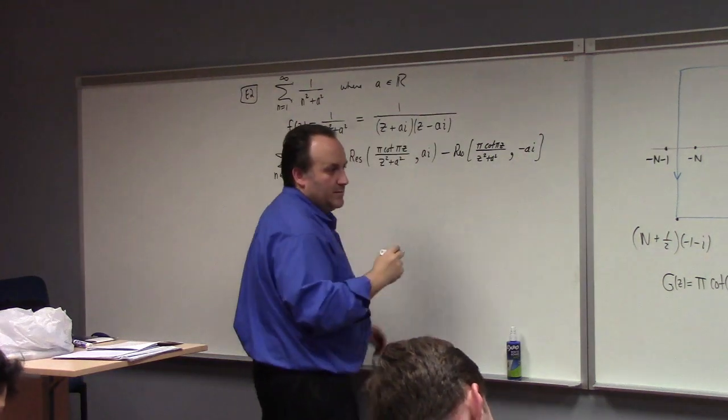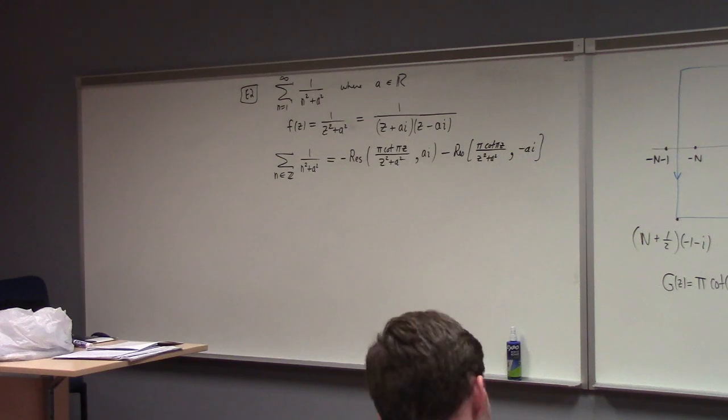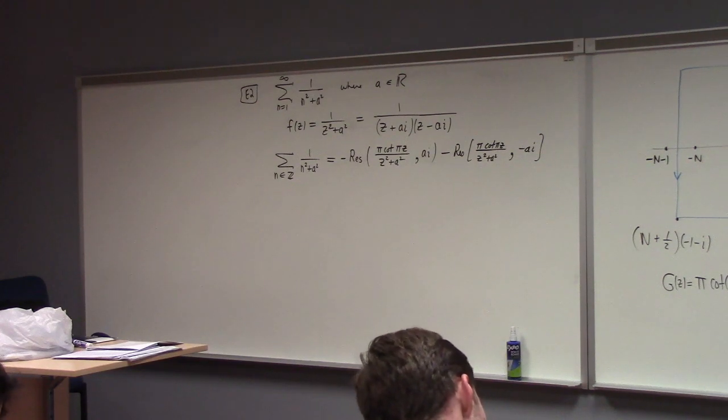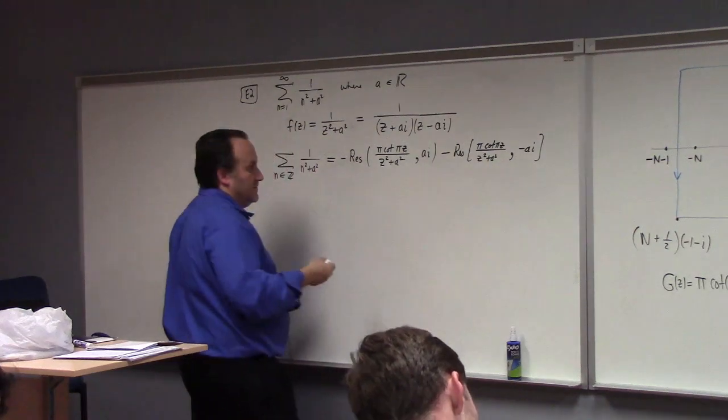Do you guys agree? I think that's what we're supposed to do here. So there's only two singularities for f this time. And so we just need to calculate these residues.